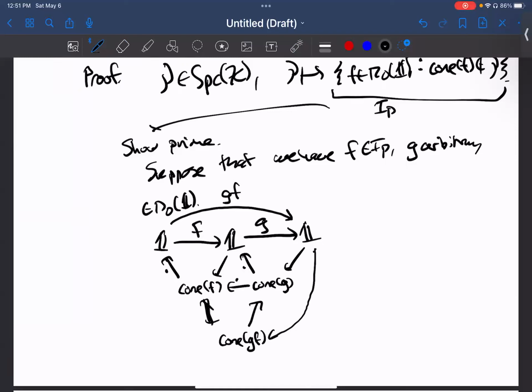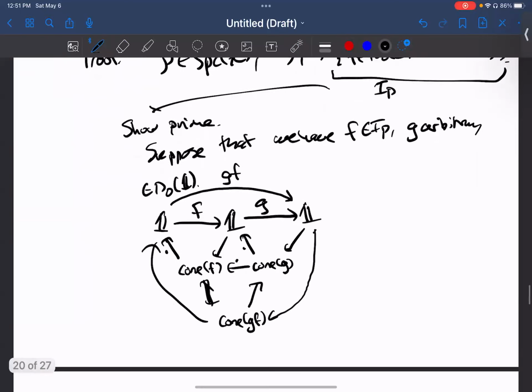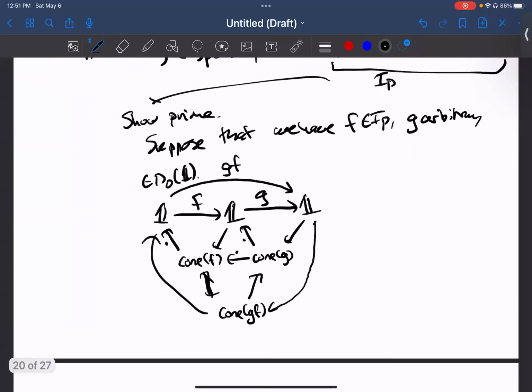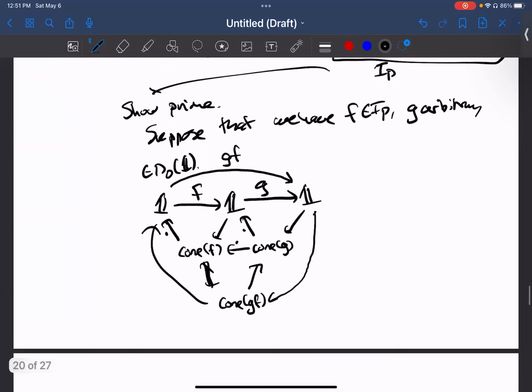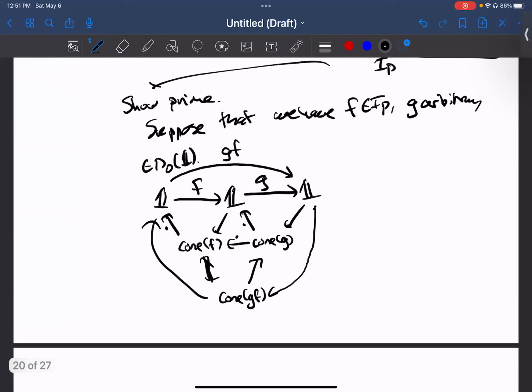Let's go the other way. Actually, is this what I want to do, or do I want to tensor? There's a couple ways you can set this up. I'm just trying to think about which way is probably the best. We'll just see how it goes.